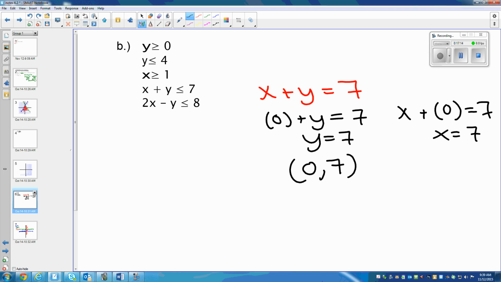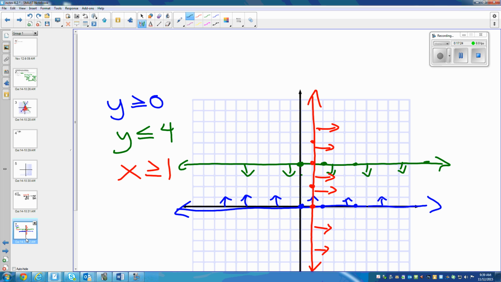So it's 0, comma 7 for a y-intercept, 7, comma 0 for an x-intercept. Okay, so let's go back here. 0 and 7, 4, 5, 6, 7 right here. And 7, comma 0, 1, 2, 3, 6, 7 right here.